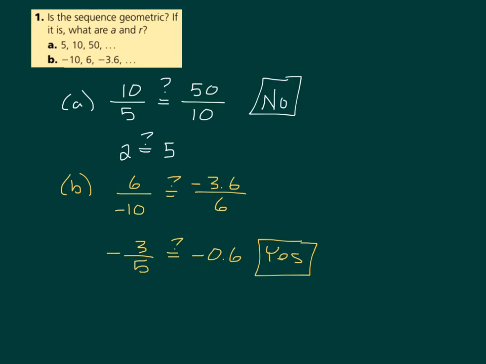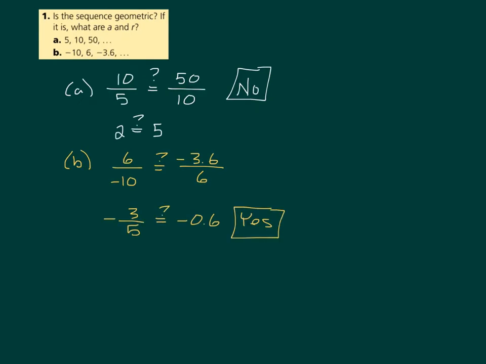What are A and R? And again, when the book says A, what they're meaning is the first term. What is the first term of the sequence in part B? It is negative 10. What is R? R is negative 3/5.